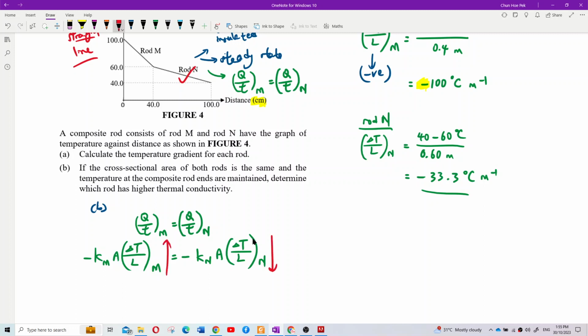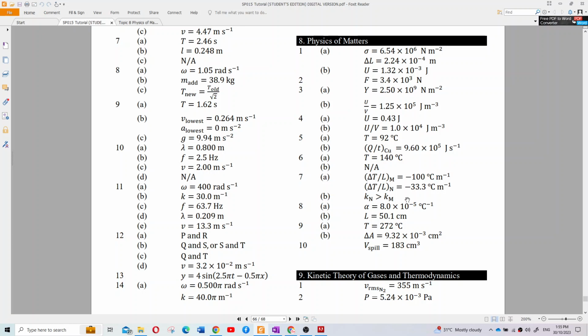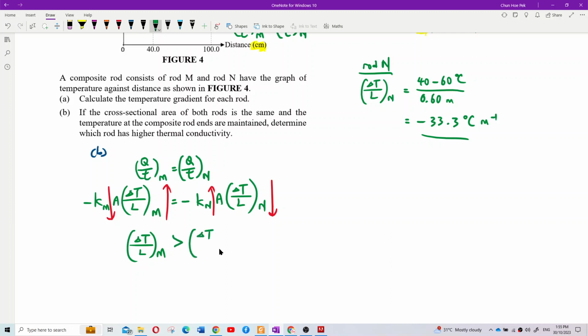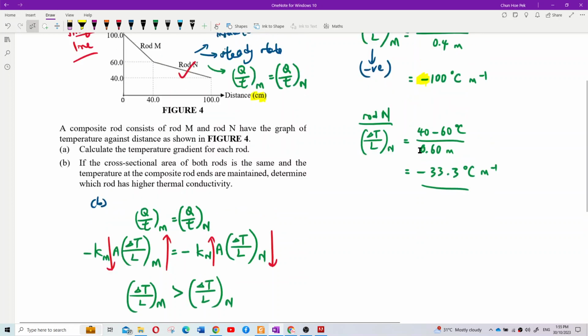So we can say delta T over L for M is bigger than delta T over L for N. Write the value you found just now.